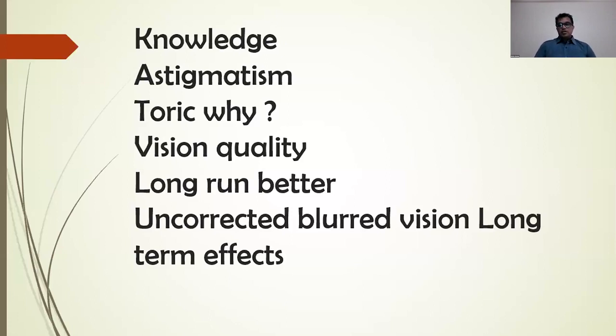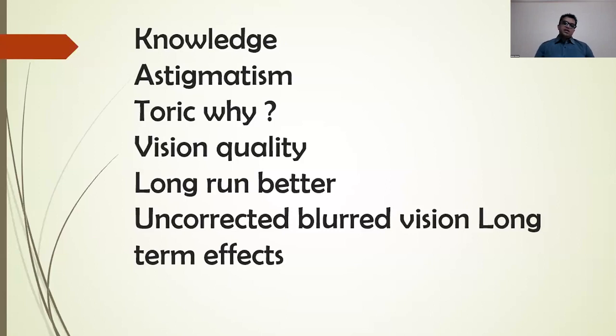In the long run, it is better. The patient should not feel that it is a temporary phenomenon, as in 2 diopters of astigmatism, and he should not feel that by wearing a toric lens my cylindrical component is going to come down. No, you are going to tell the patient that it is going to remain stable, and it is going to give you good quality of vision in the long run with the spherical cylinder combination of your toric lenses. Uncorrected blurred vision is not good for the long term.